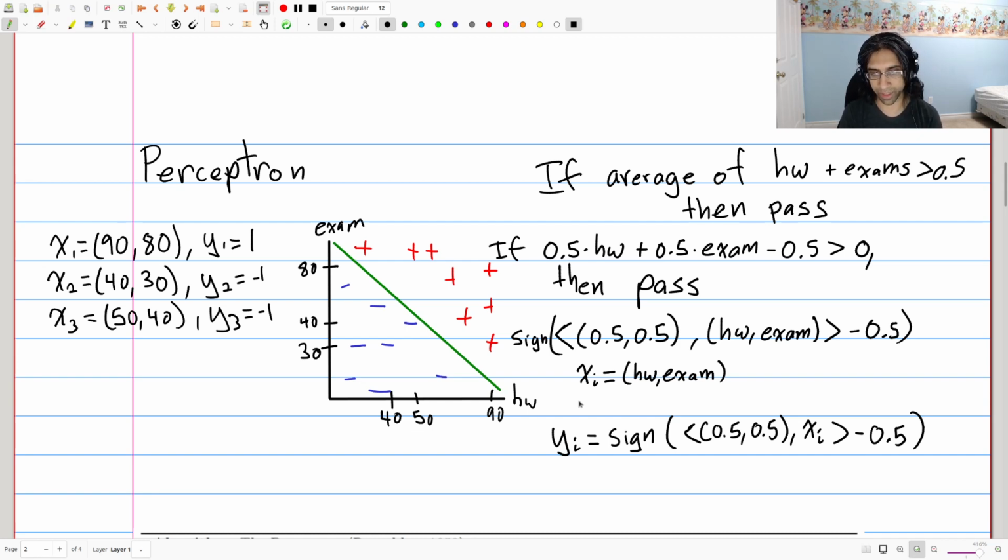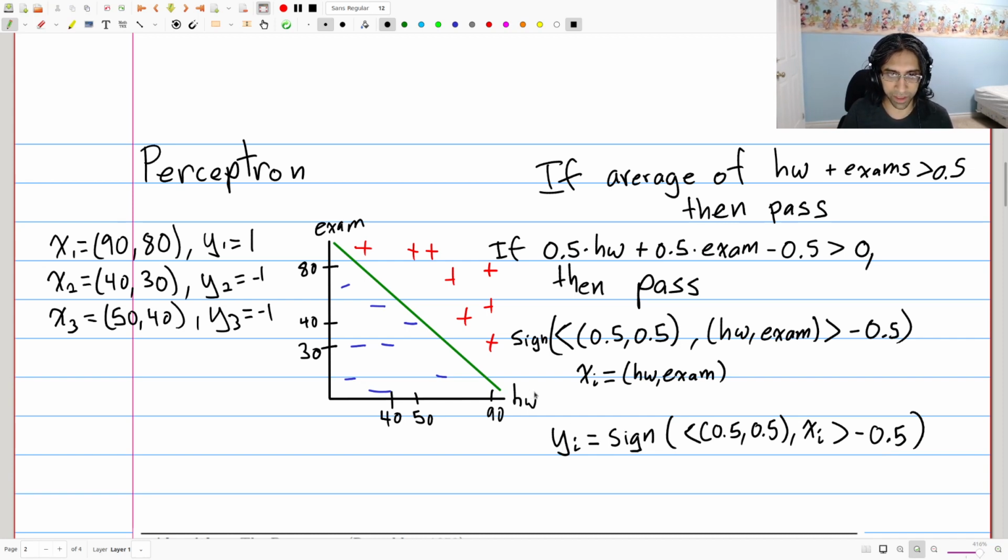So when we're running the perceptron algorithm, implicitly we imagine that the label is generated in the following form: there exists some vector which we take the inner product with the feature vector, we maybe add some bias, and then we take the sign of the result, and that's how the label is generated.